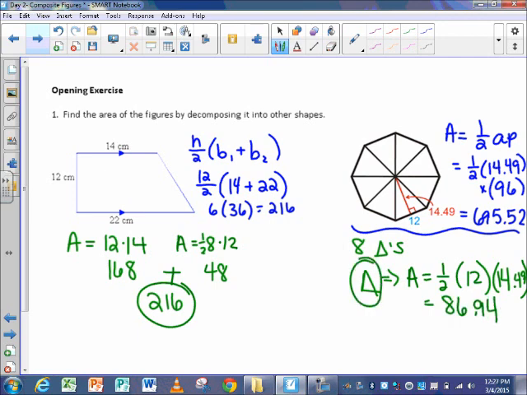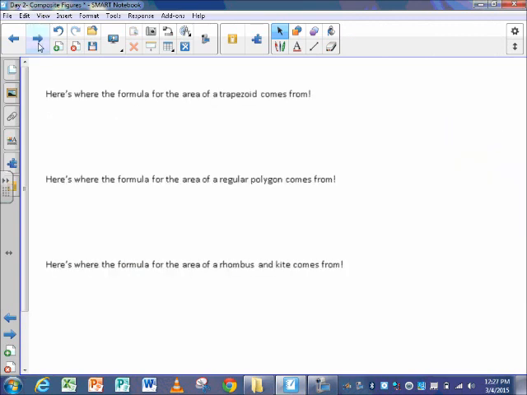That's one triangle. Well, I have 8 triangles. So if I multiply that by 8, I get 695.52, which is exactly what we got in the first place. So basically, what we want you to get out of this opening exercise is that you can take a figure, decompose it into other figures, and still get the same area.